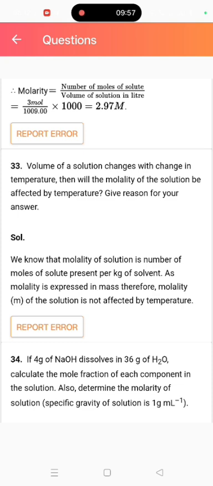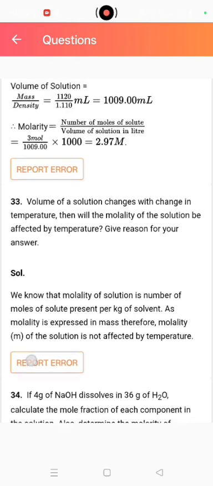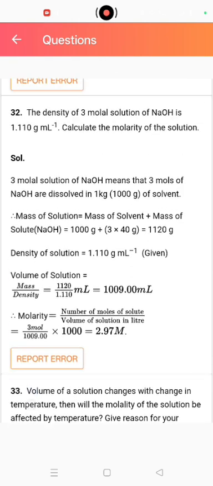So, as molality is expressed in mass, therefore, molality of the solution is not affected by temperature. Okay. The mass is given in kilograms. So volume of the solution changes with change in temperature, but mass does not change. So the molality of the solution is not affected by temperature. Clear.